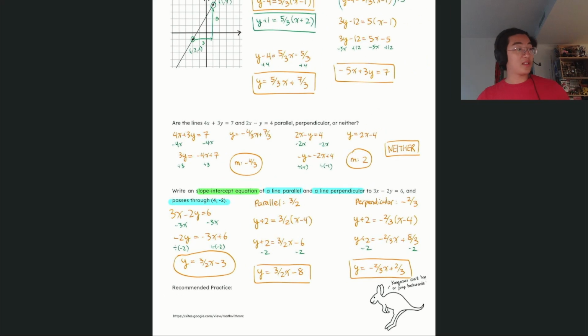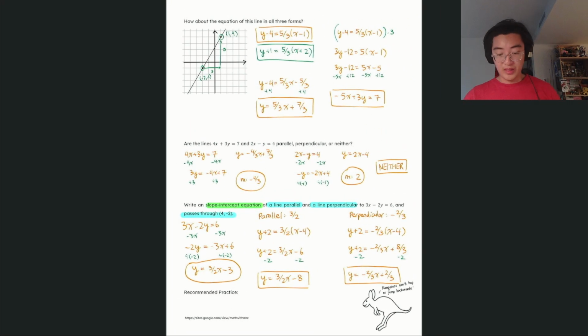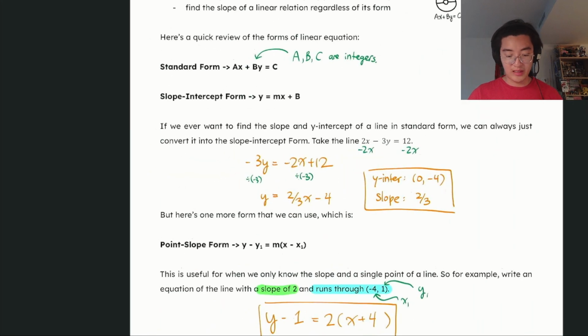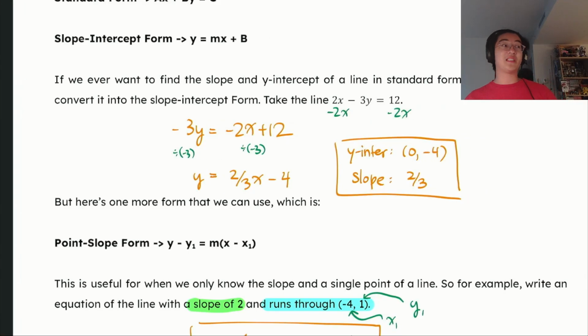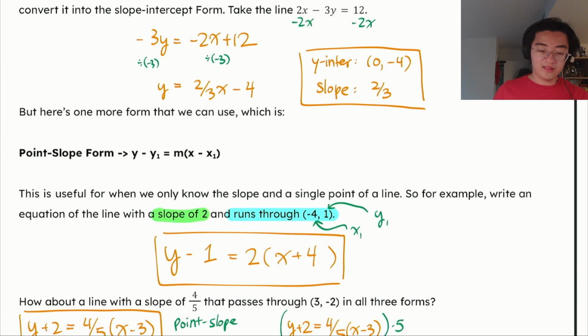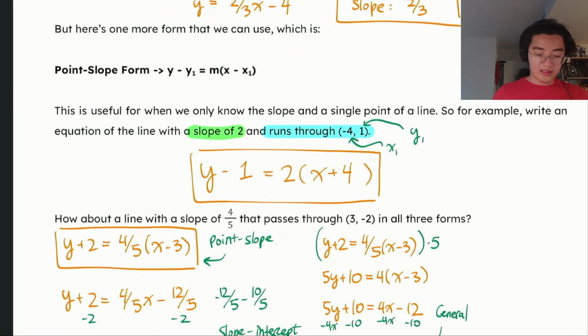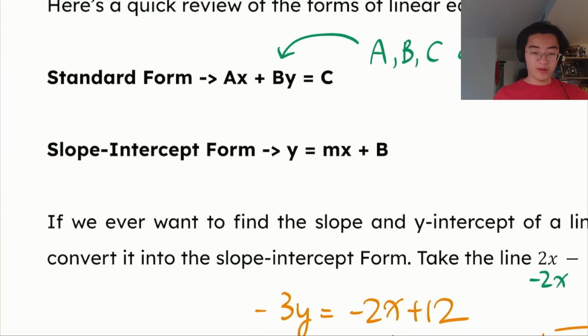So in this lesson, we just learned one single new concept, which is the point slope form. But most of the lesson is converting between each of the forms. Once again, the slope-intercept form is very useful to quickly find the slope and the y-intercept.